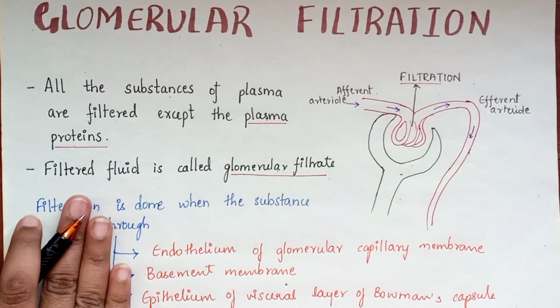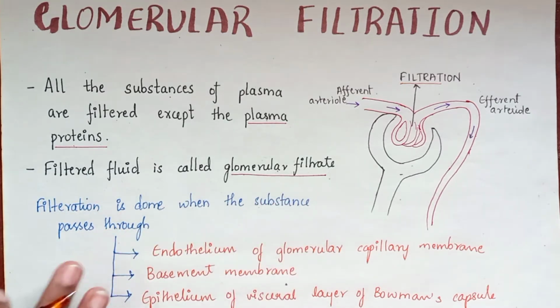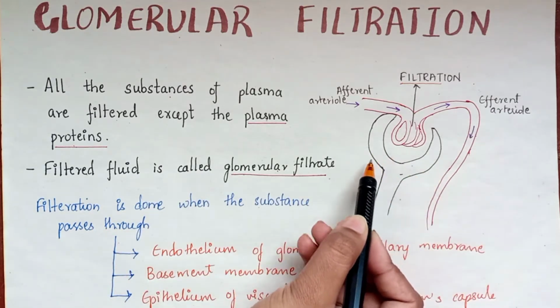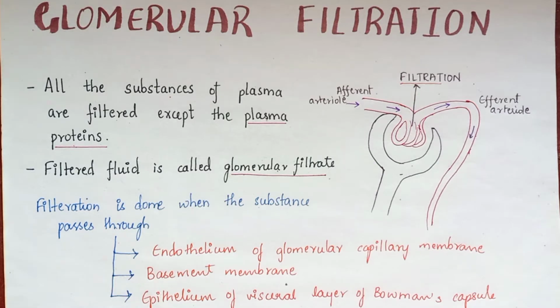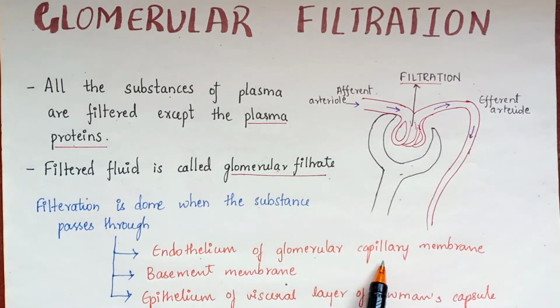Now filtration is done through layers. There are 3 layers through which the filtration occurs. The first one is the endothelium of the glomerular capillary membrane. As the blood is in the capillary, the name itself suggests that it has to pass through the capillary membrane.